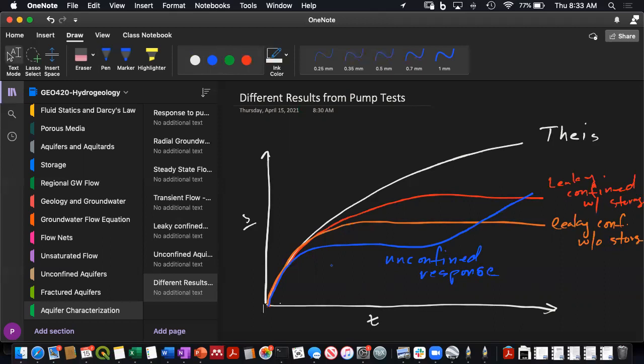These are the kind of signals that we're going to look for in our data whenever we do these pump tests. And we're going to remember that all the time we get this early time Theis response, and so we can always get sort of an estimate of the hydraulic parameters by just looking at these early time data.